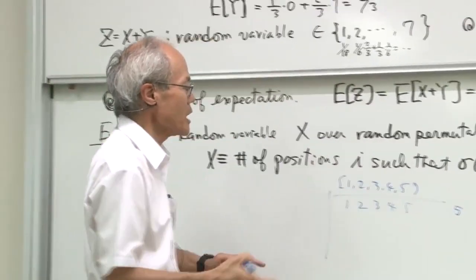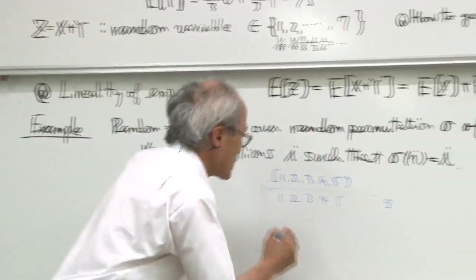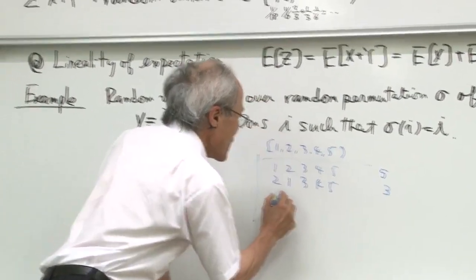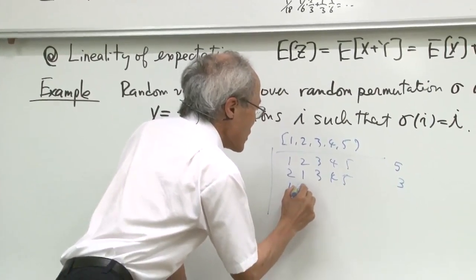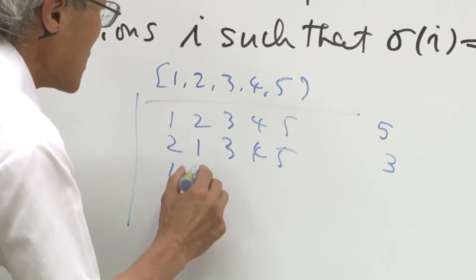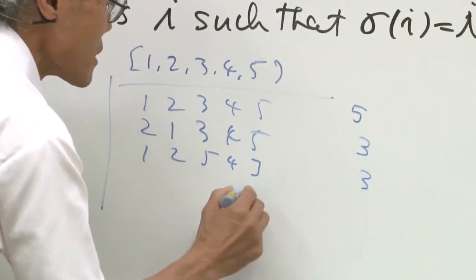All the same. So this is a 5. Then 2, 1, 3, 4, 5 gives 3. And 1, 2, 5, 4, 3 is again 3, and so on and so forth.